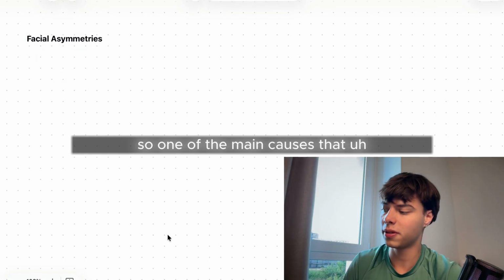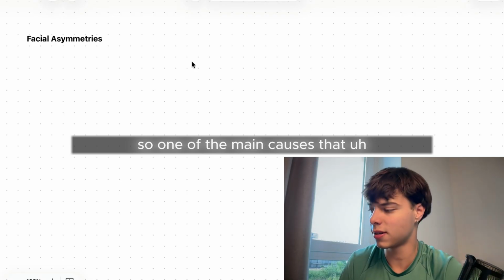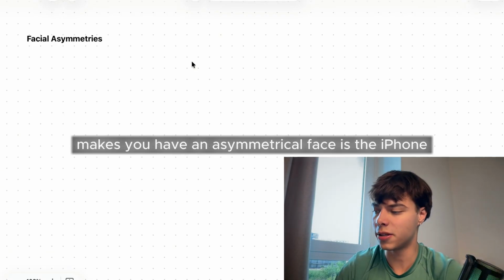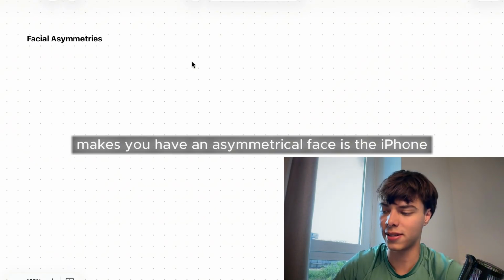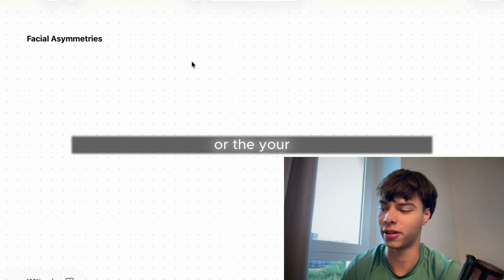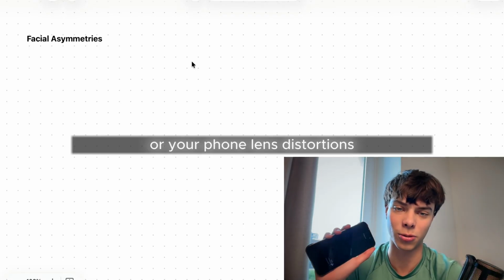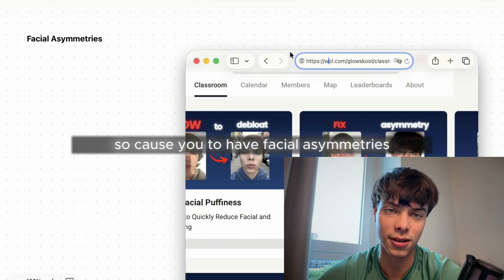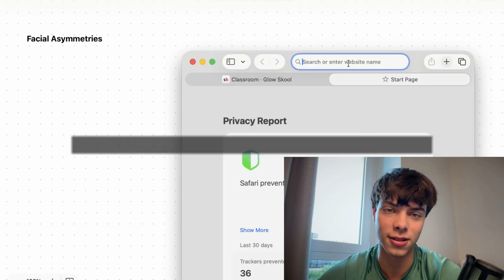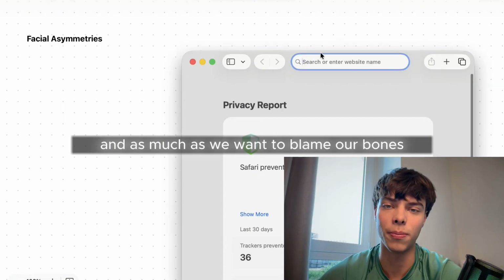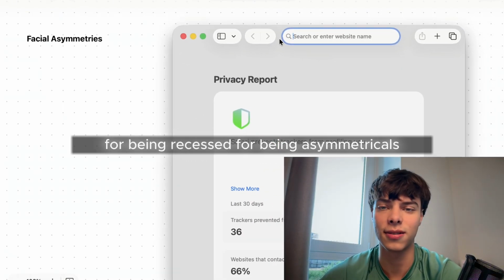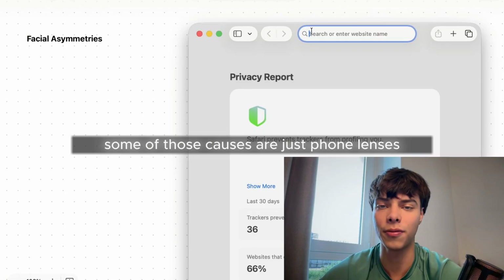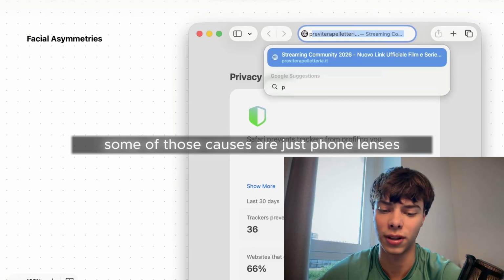One of the main causes that makes you have an asymmetrical face is your phone lens distortions. This is one of the causes. And as much as we want to blame our bones for being recessed, for being asymmetrical, some of those causes are just phone lenses.